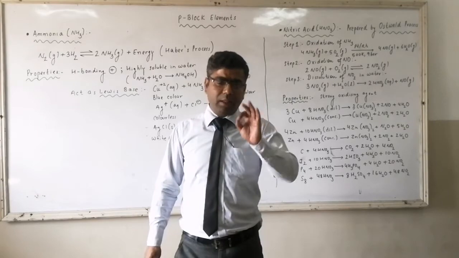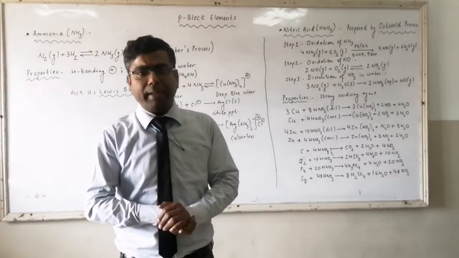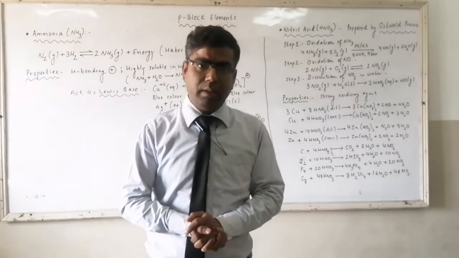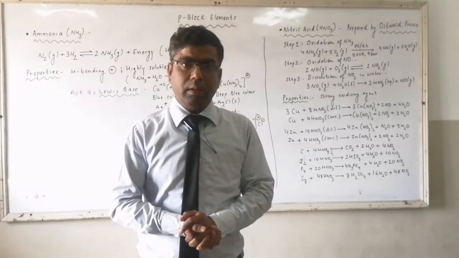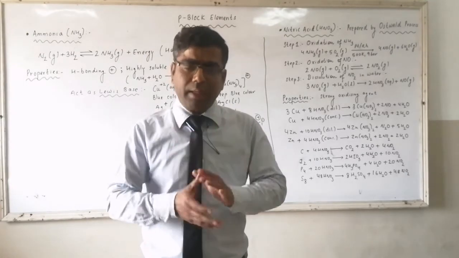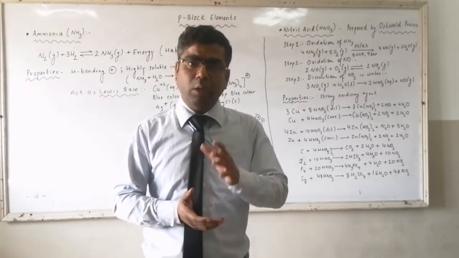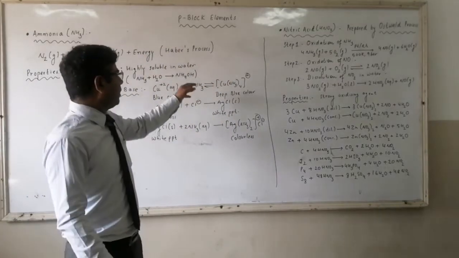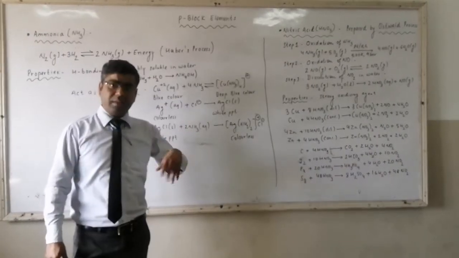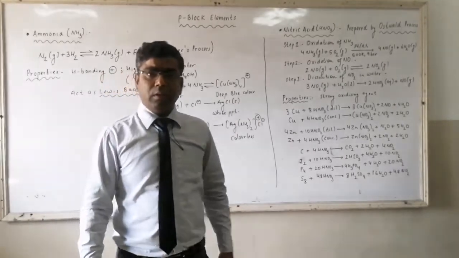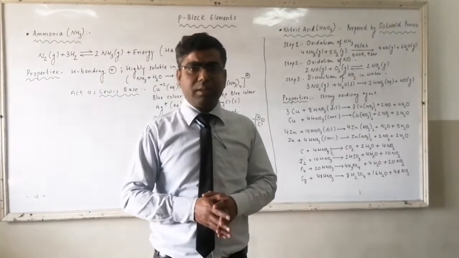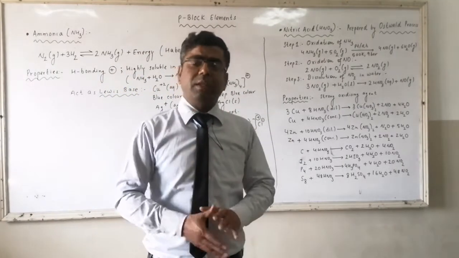According to Le-Chatelier's principle, if we want to maximize the yield of ammonia, then the required condition will be low temperature, because here the reaction is exothermic in nature, energy is released. For all exothermic reactions, low temperature is favorable.